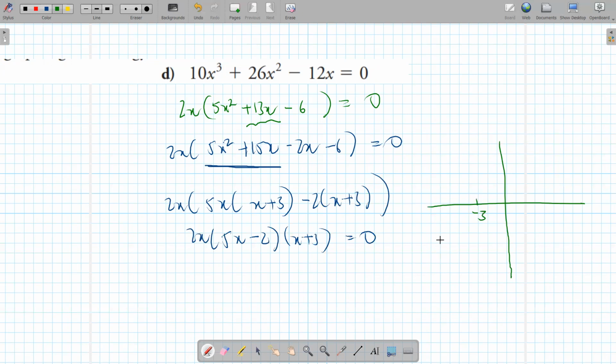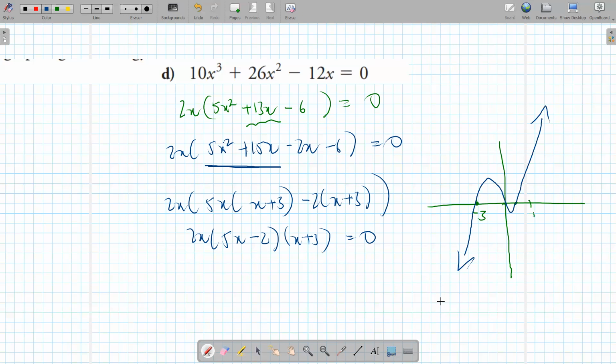Any more? 2/5. Yeah, good. 2 over 5, which is like 0.4. Is there any more? 0. 0, exactly. So this one also has 3. And if the x-intercept is 0, the y-intercept is what? Also 0. Automatically 0. So we have another cubic function that looks like this.